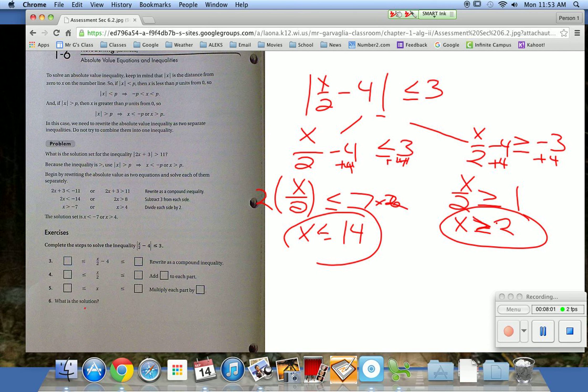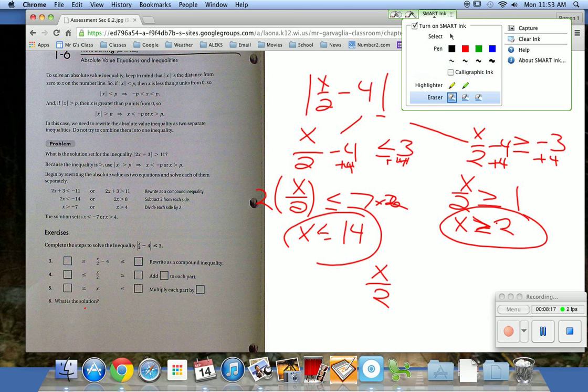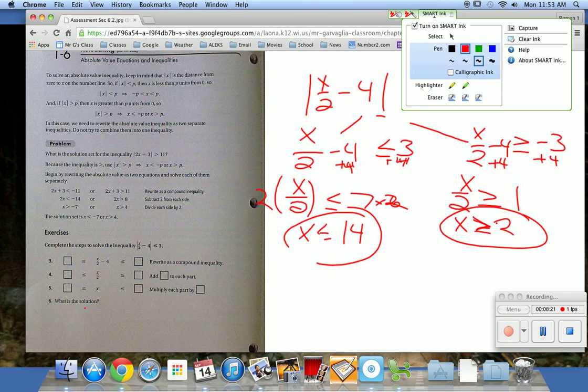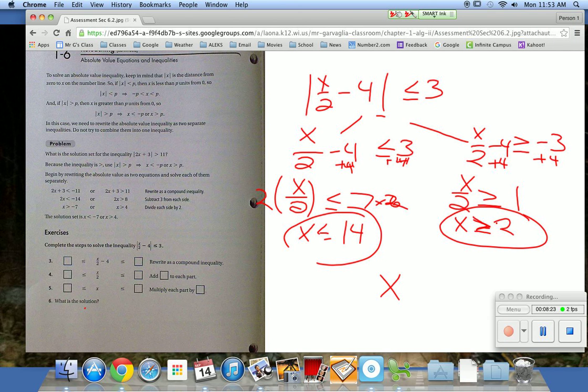To write it out this way takes another step. Because what happens is we're going to do this x over 2. Actually, no, it's going to be x. Excuse me. If you were to write this out the way they're doing it, x would be in the middle.